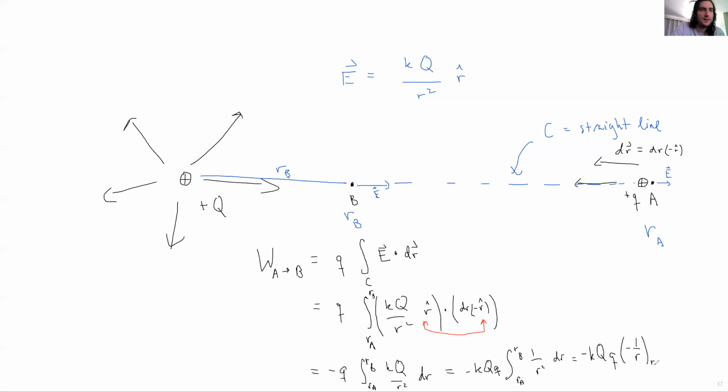We have to evaluate this at RB and subtract at RA. And now we kind of need some more space here.